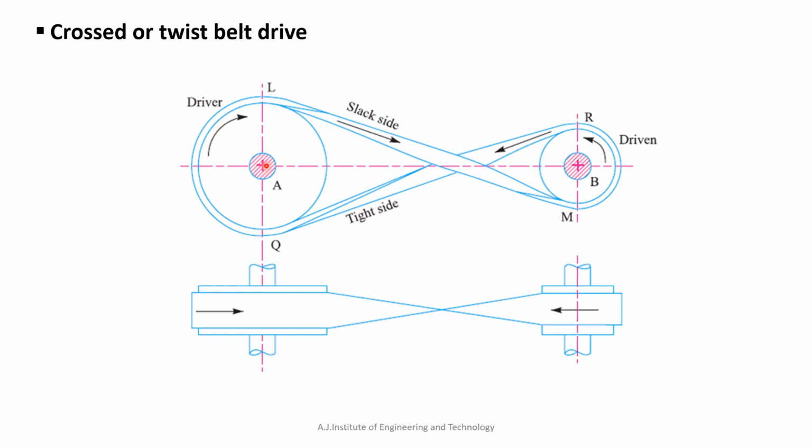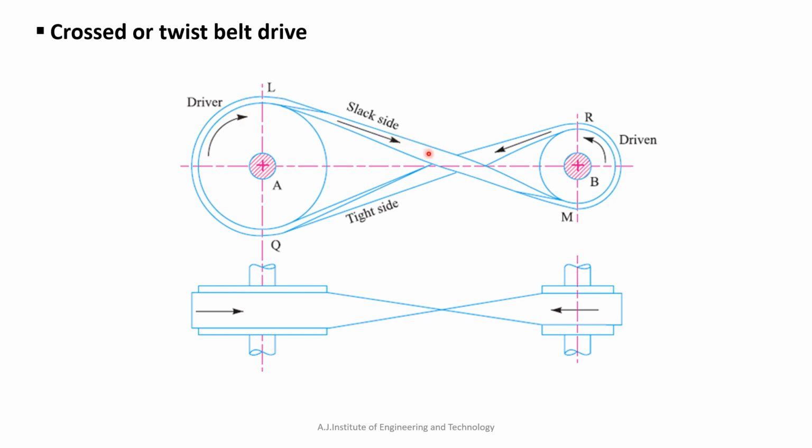Initially this is connected to a motor. With the help of the motor this shaft rotates, then power is transmitted from this shaft to the pulley. This pulley rotates in the clockwise direction and transmits power to the belt.